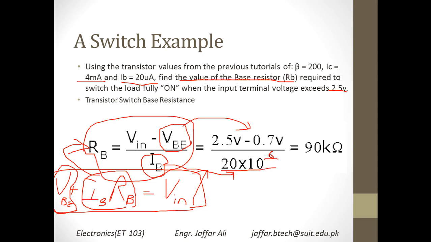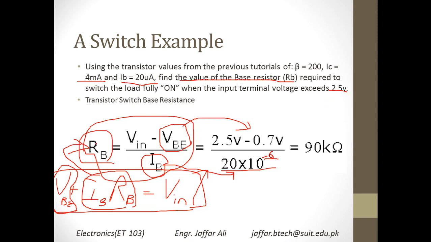You have been asked to find the value of resistance that limits the current to 4 milliampere, and the base current should be 20, and the voltage supplied should be a maximum of 2.5.